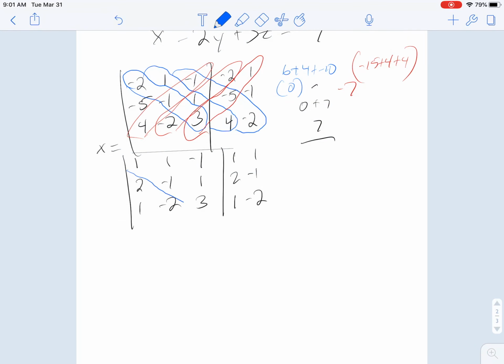So 1 times -1 times 3 gives us -3, plus 1 times 1 times 1 is 1. -1 times 2 times -2 gives us 4. Okay, so when it's all said and done, -3 plus 1 is -2 plus 4 gives us +2.